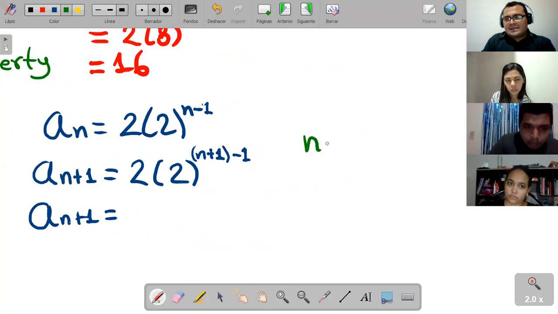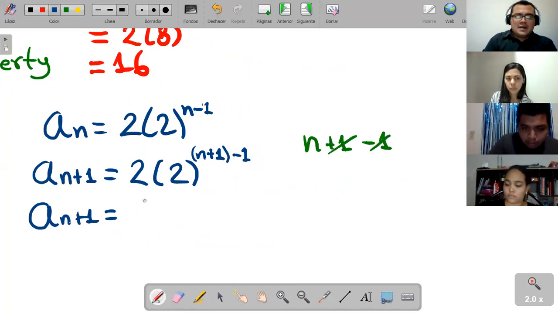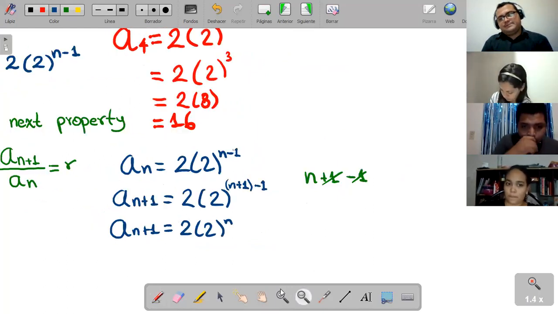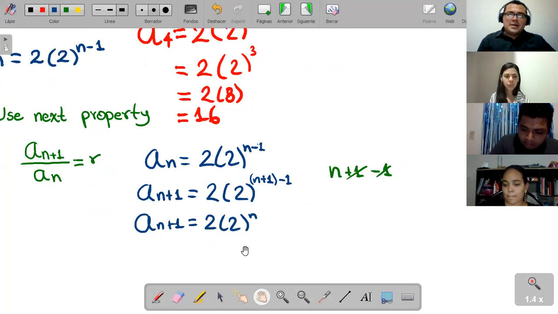What is n plus 1 minus 1? The one positive and the one negative cancel each other, it's just going to be n. At the end, this is just 2 times 2 to the power of n. Now it becomes a lot simpler.